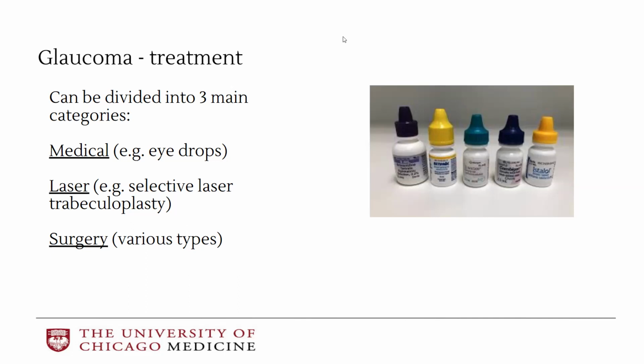Surgery is usually reserved for those patients who have more advanced glaucoma, although there are what we call minimally invasive glaucoma surgeries that your ophthalmologist might recommend to be done at the same time as your cataract surgery.